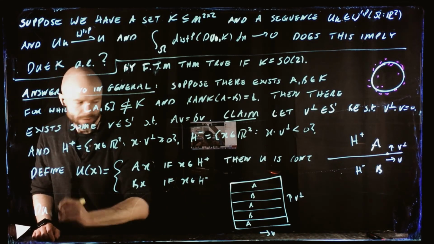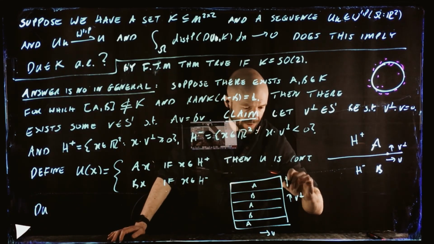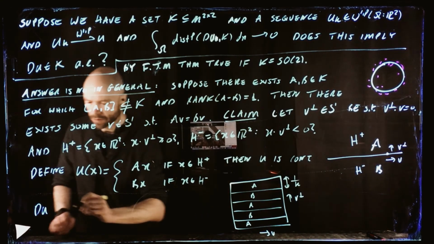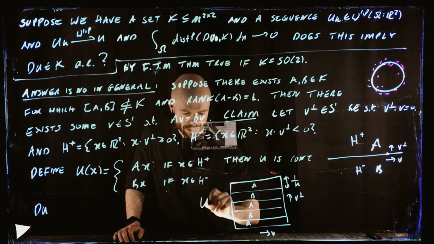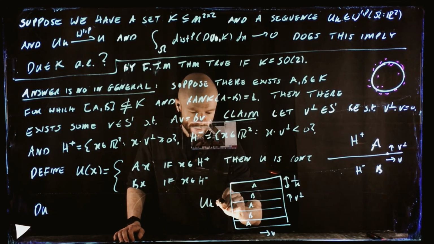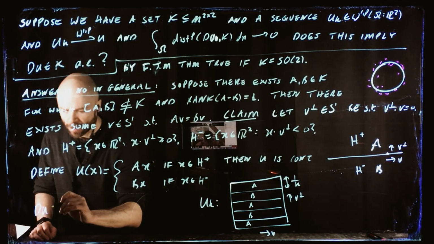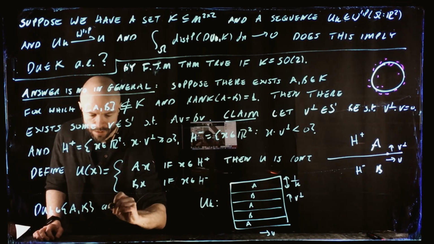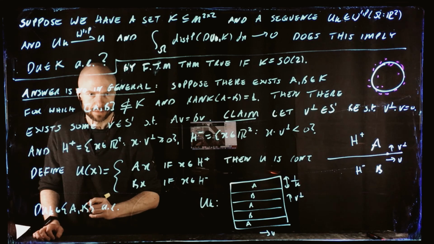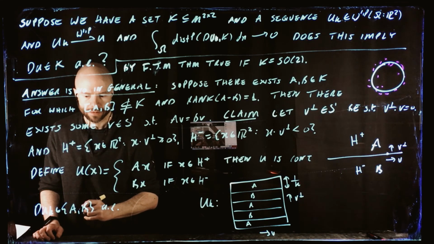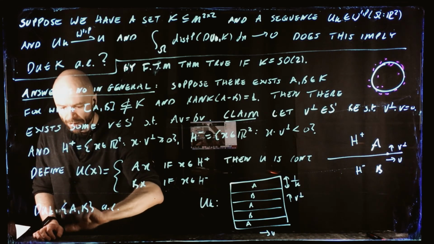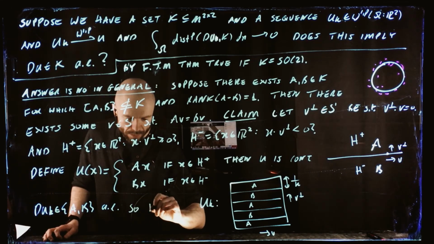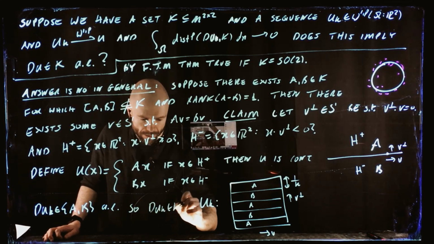Let's cut these up so that the strips have length 1 over k. So U_k is defined by this. Then the gradient of U_k belongs to {A, B} almost everywhere. Cool. And if A and B are inside our set, then the gradient of U_k belongs to K almost everywhere.